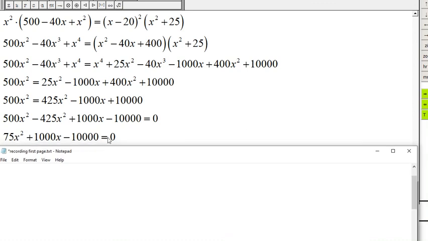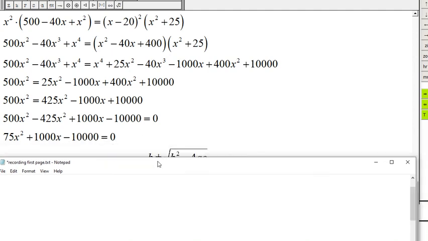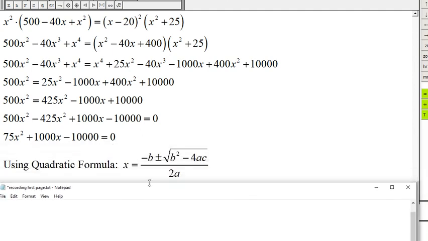And now this is a quadratic equation, so we can use the quadratic formula. A would be 75, B would be 1000, and C would be negative 10,000.